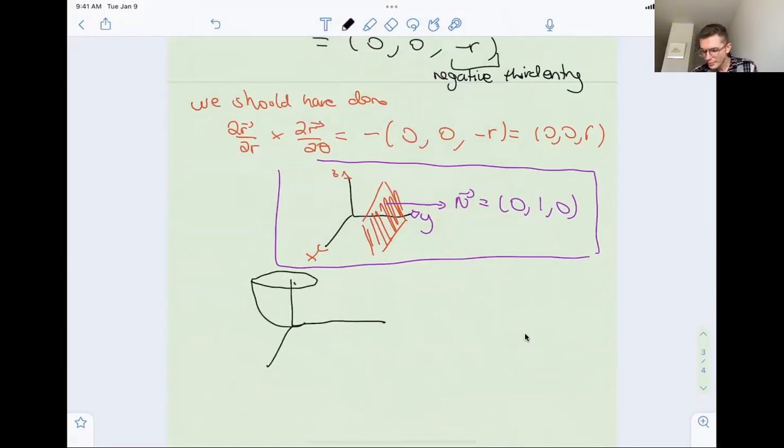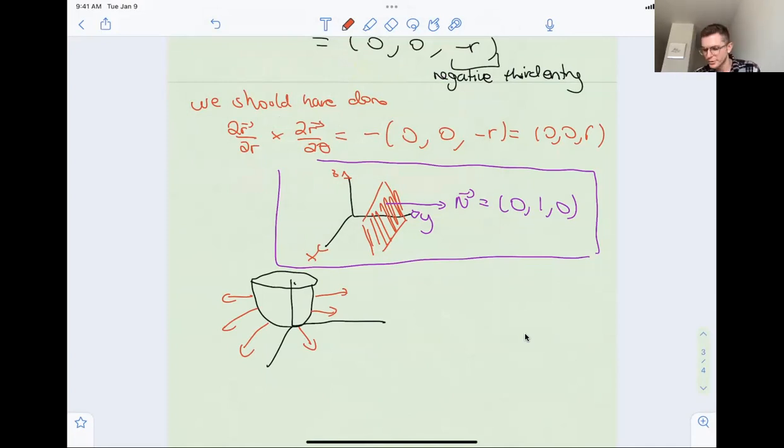For example, if you take a salad bowl, in fact the normal vector is all over the place. It would be something like this. It just depends on how you do it.